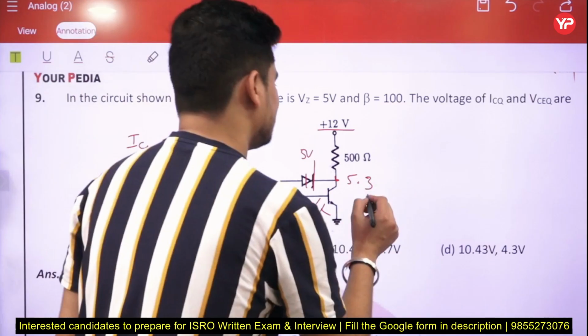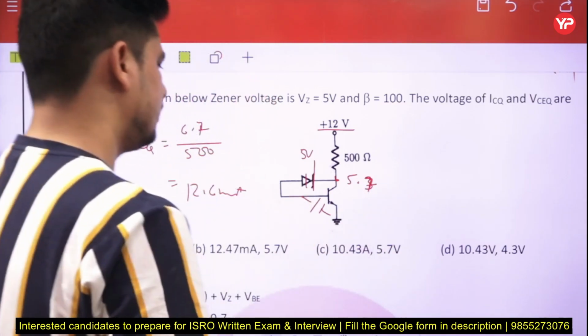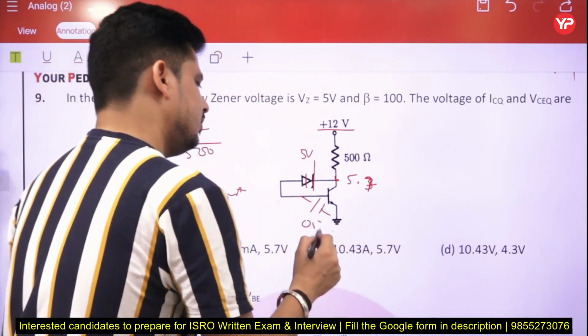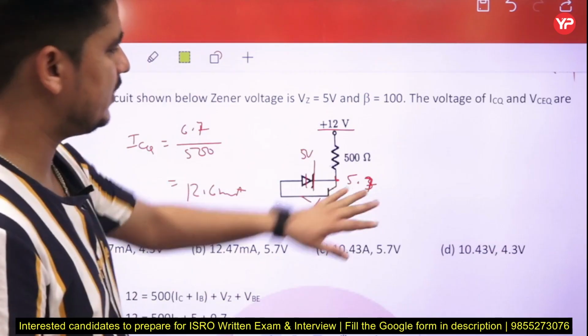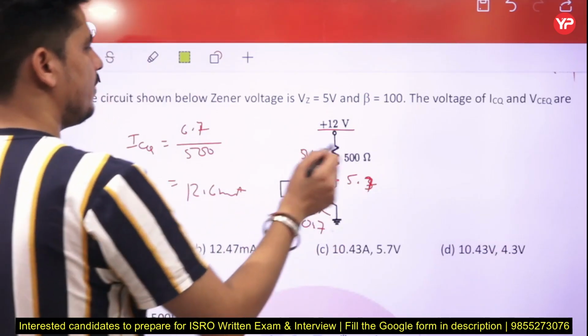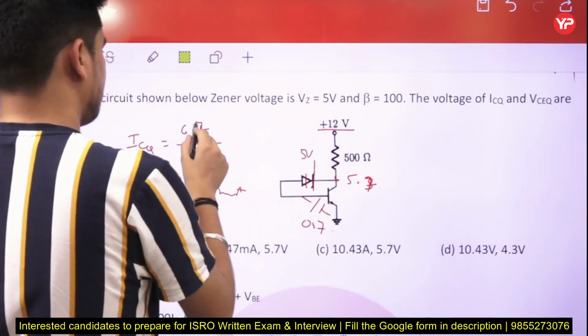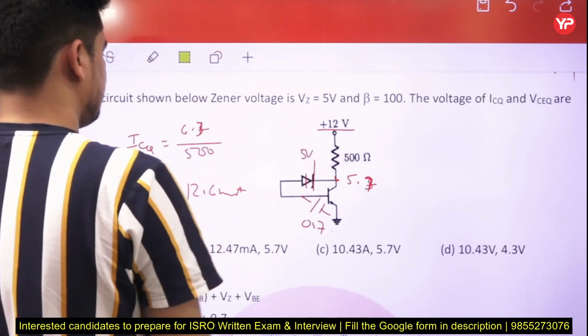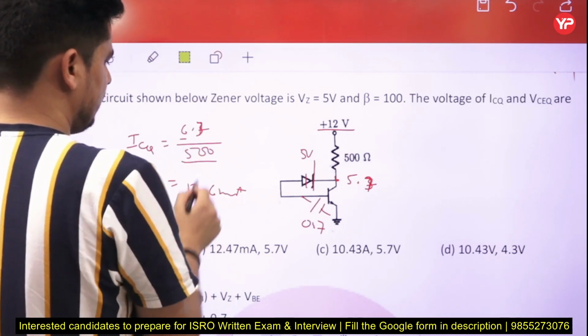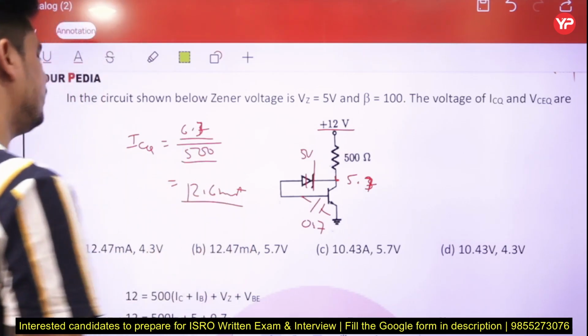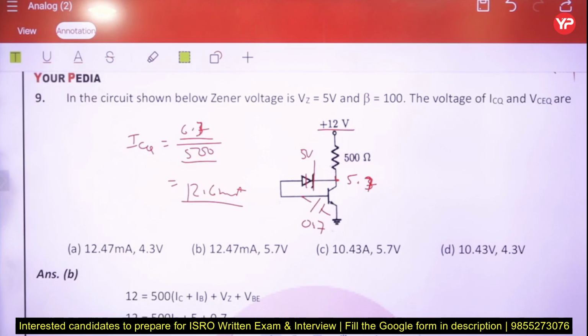This is 0.7, because this is 0.7 here. Yeah, 0.7 plus 5, that is 5.7. So this will be 5.7. 12 minus 5.7 is 6.3. So yeah, when you divide this 6.3 by 500, that is 12.6 milliampere, right?